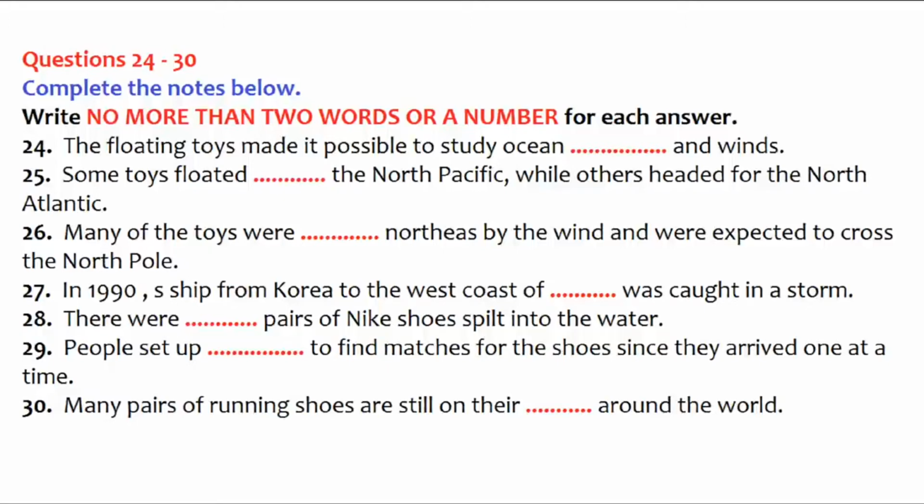Some Nike shoes reached Hawaii, others went to the Philippines and Japan. According to the scientists, some of the shoes are on a trip around the world and should end up back in Washington and Oregon. Can you believe it? Many pairs of running shoes, as well as plastic ducks and frogs, are still on their ocean journey.